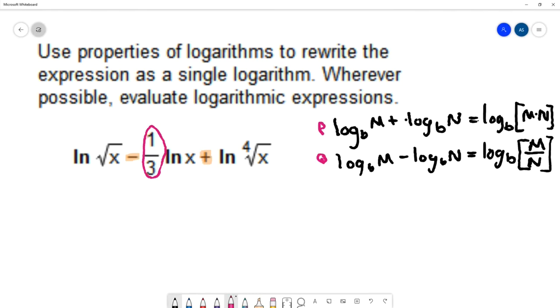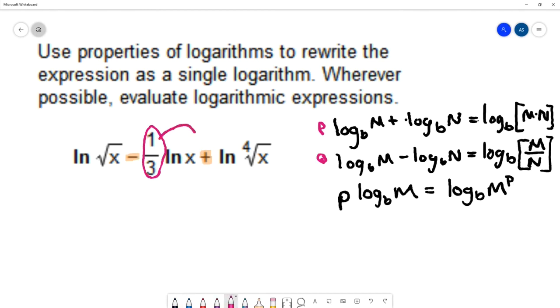So the way we get rid of the coefficients is with our power rule. Our power rule will have something like this: p log base b of m. So if we have a coefficient, we're going to write that as log base b of m to the p. The coefficient becomes the power, which is why this is called the power rule. So let's start with that.